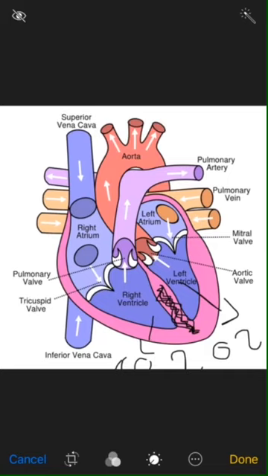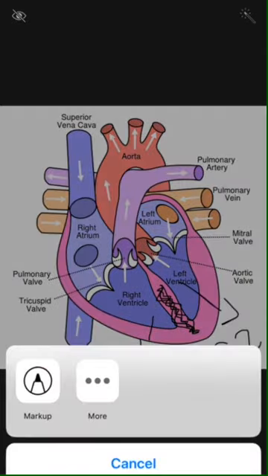Now, the pulmonary vein carries oxygenated blood to the heart. So where should it go? It should go to the left side. So here is oxygenated blood to the left side.